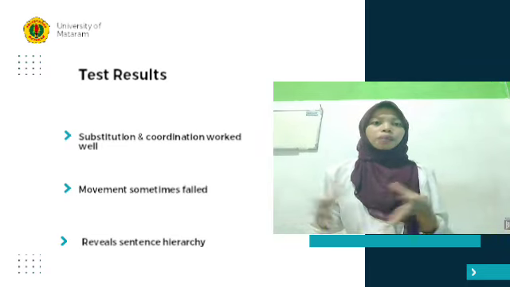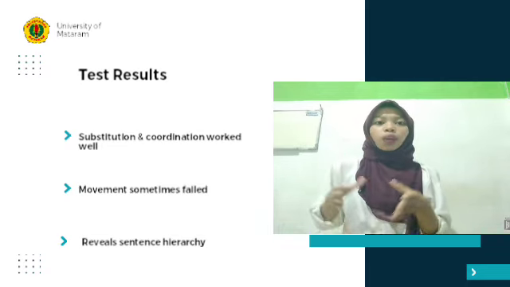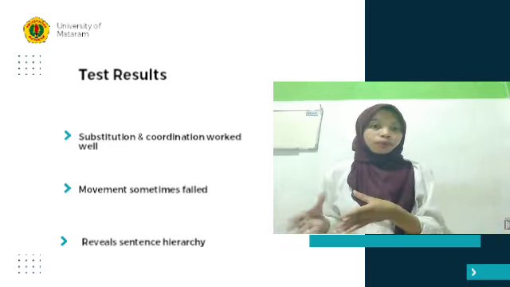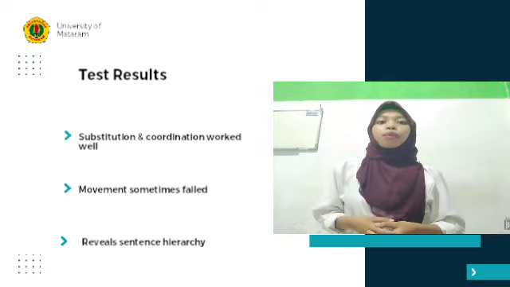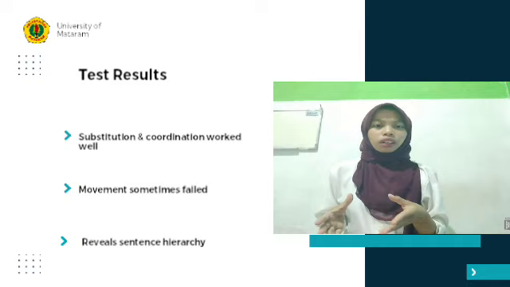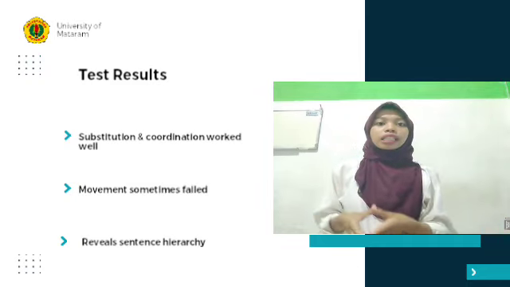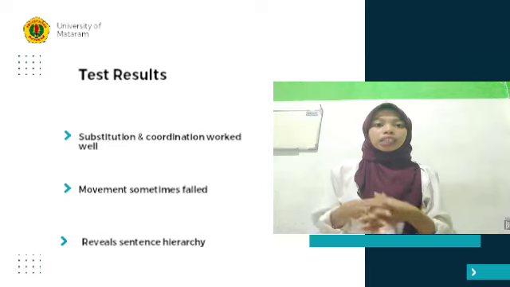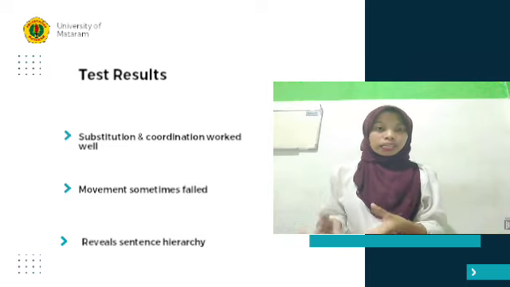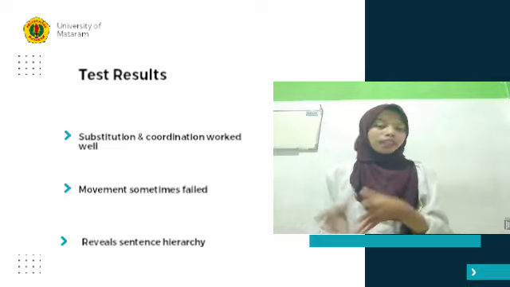Movement tests sometimes work, but not always, because English doesn't easily allow subjects or adverbs to move. For example, moving "very hard" to the pronoun sounds unnatural unless used for emphasis. So I learned that sentence structure in English is hierarchical and organized, and some elements move freely while others stay fixed.